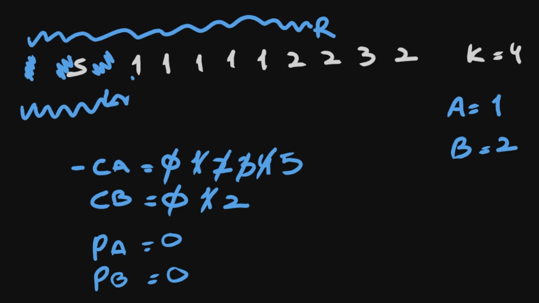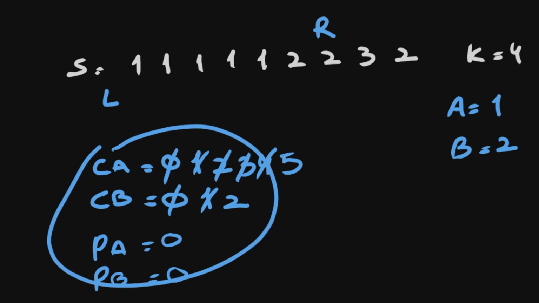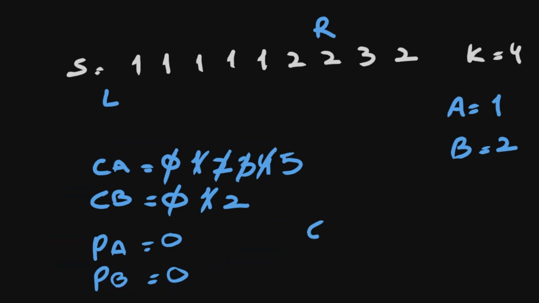And that's how we get this. So as you can see, this is almost like a big and complex prefix sum. So we are looking for CA minus CB minus PA minus PB. And remember, we are looking for the maximum result.